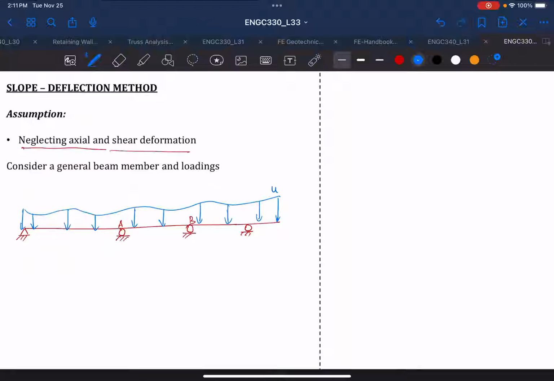We'll say that this general loading is W, and then we also have a point load P, and we also expect that support A will have some settlement, and B also will have some settlement.